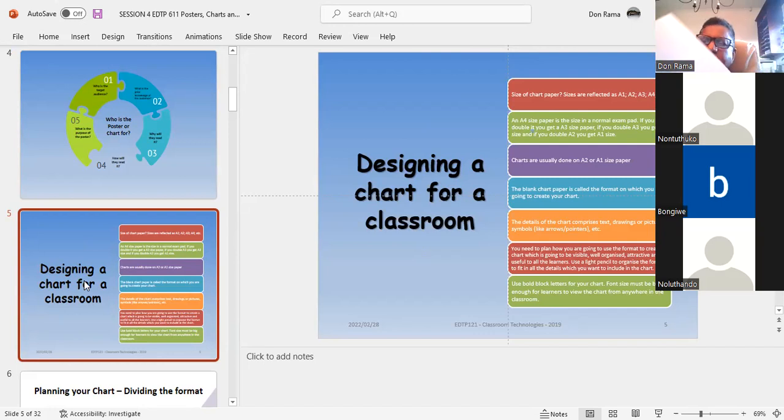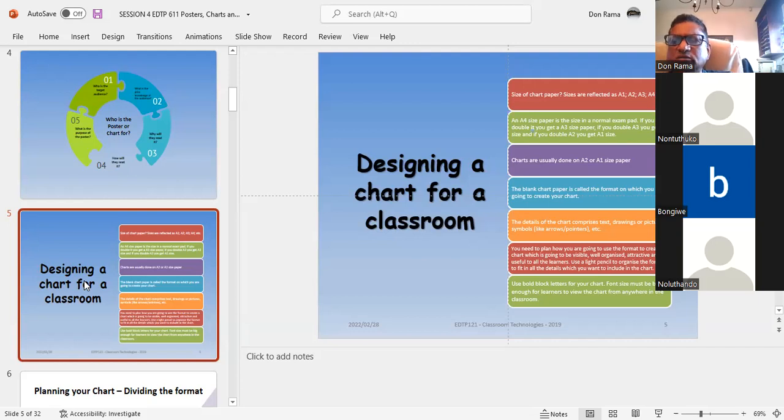Now, if you take a page like this, the ordinary page, this is an A4 size paper. If you double it, it becomes A3. If you double the A3, it becomes A2. If you double the A2, it becomes A1.